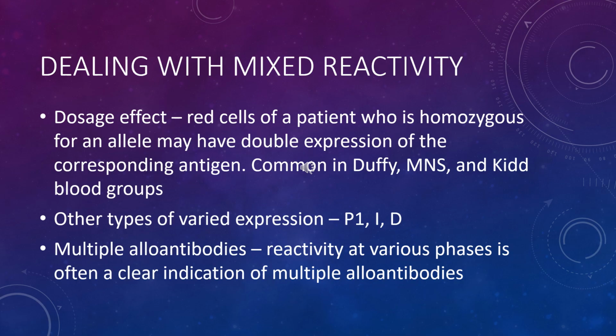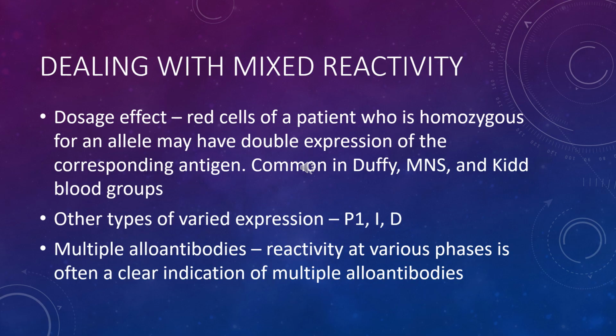P1 antigens, for example, show varying degrees of expression for no particular reason. The I antigens, big I, little I, can vary depending on age or disease state, because those are carbohydrate branching chains, and so sometimes some conditions will cause you not to develop those chains as fully.